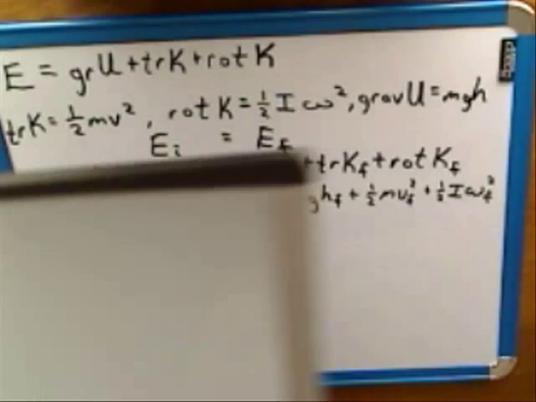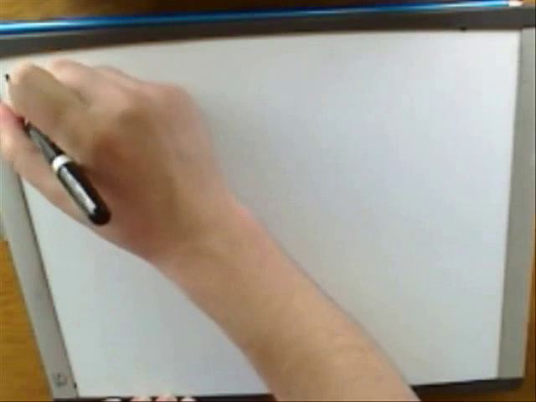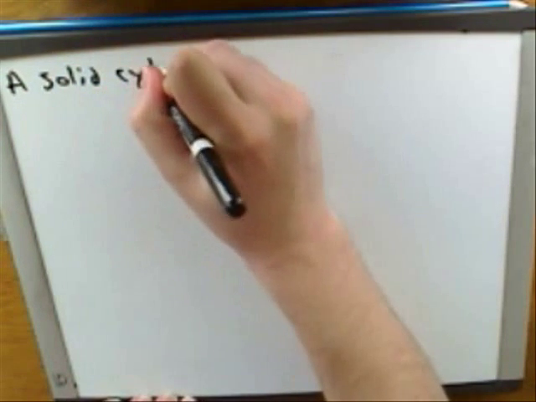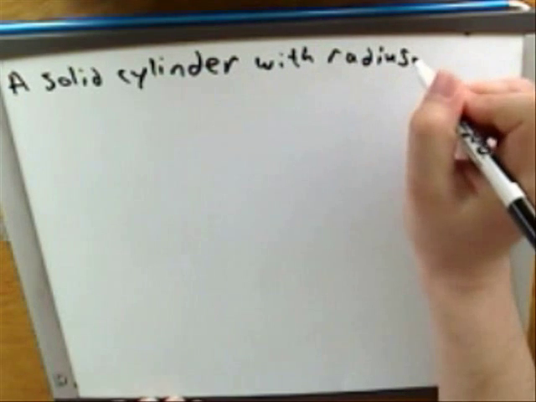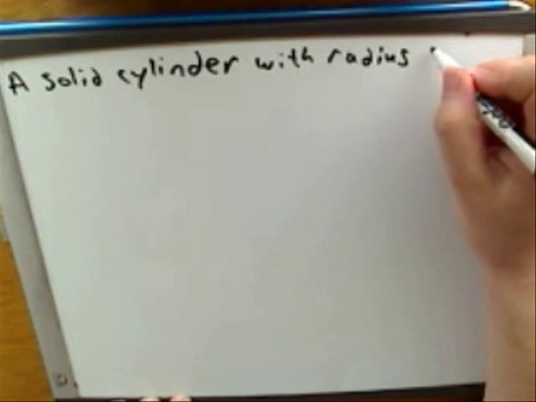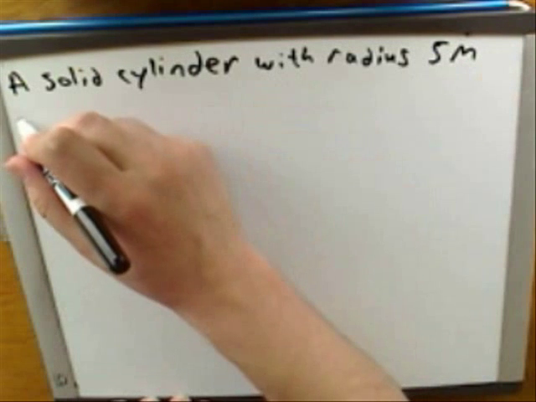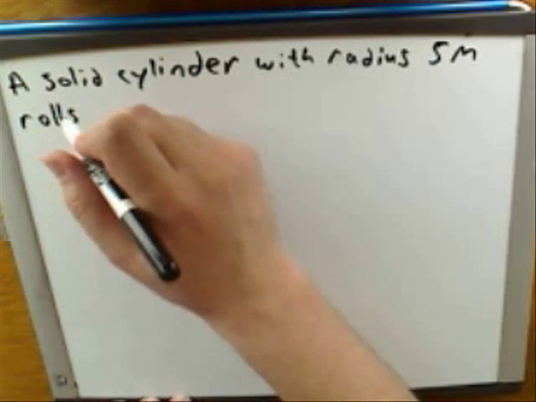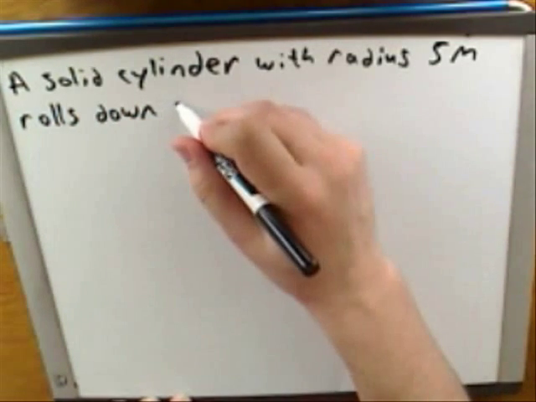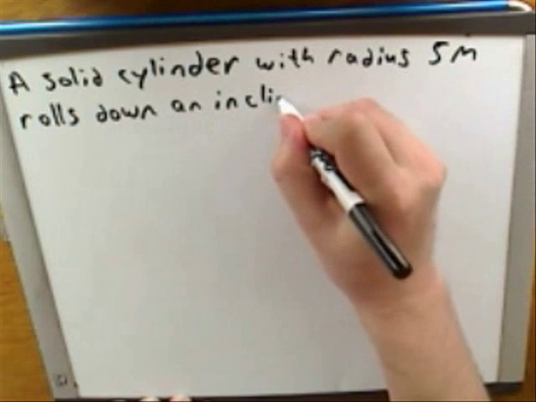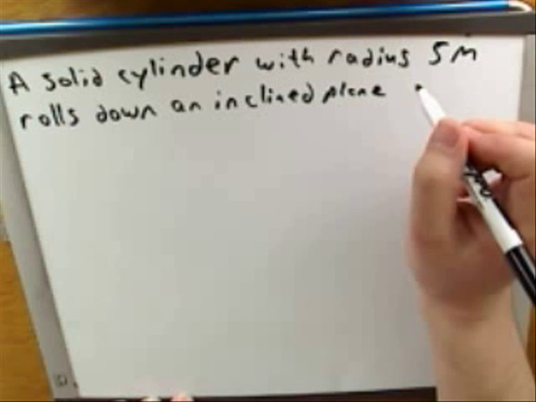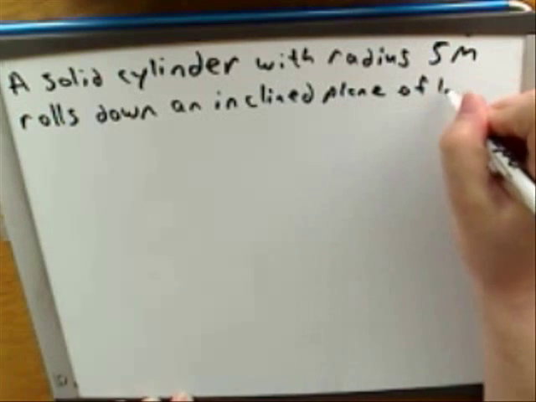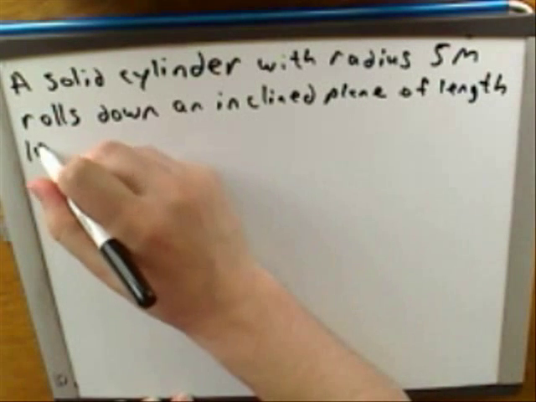No. Okay, so let me give you a sample problem. A solid cylinder with radius 5 meters rolls down an inclined plane of length 10 meters.